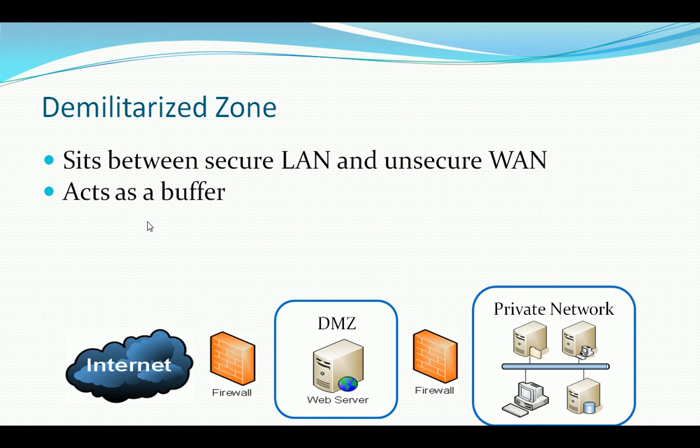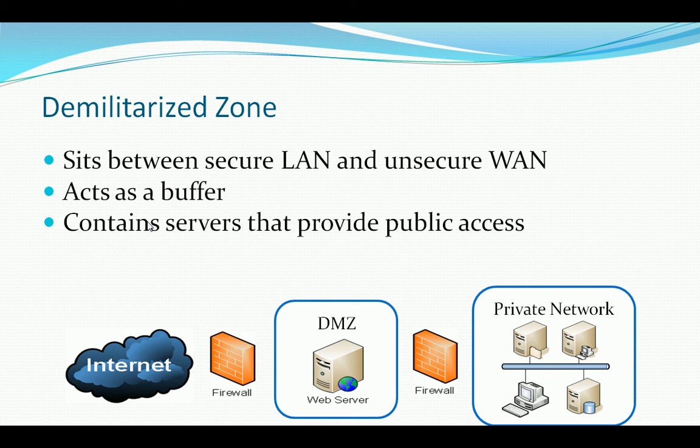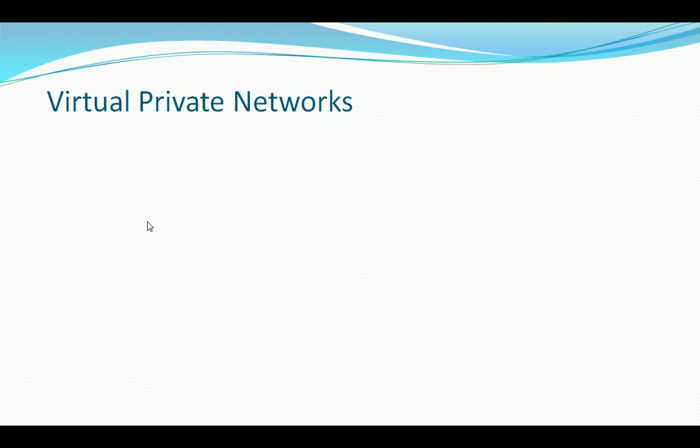You may bring someone back into the private area, but it's much more controlled, whereas just anyone can walk into the lobby in just about any building. So it can contain servers that provide public access, like web servers, portals, anything that the public has to interact with. There could also be some authentication involved with that too, which we'll talk about later.